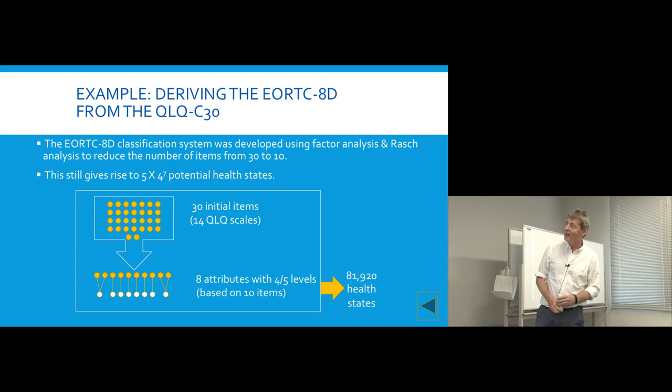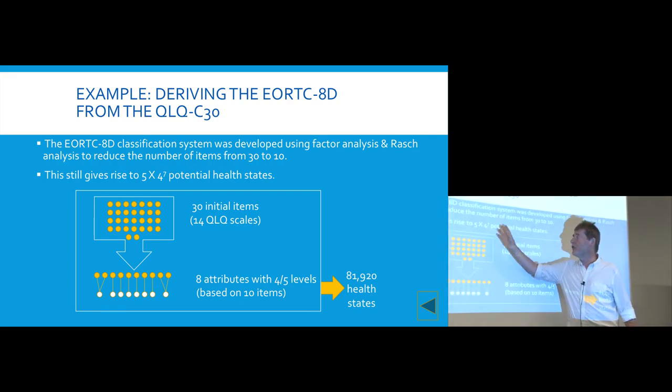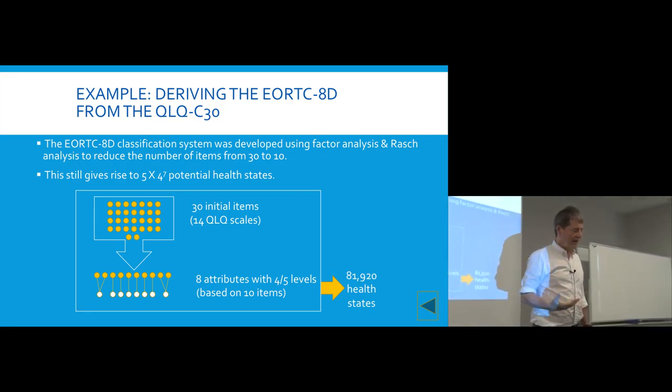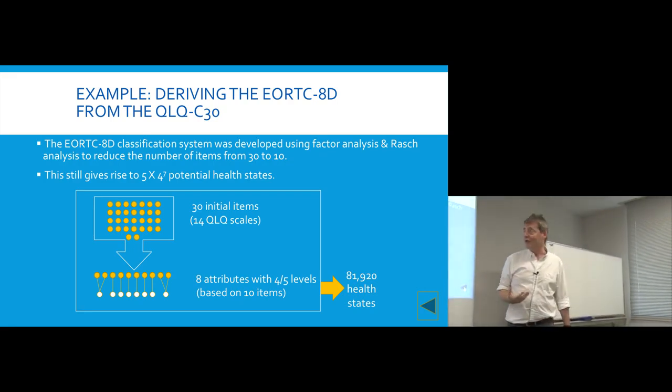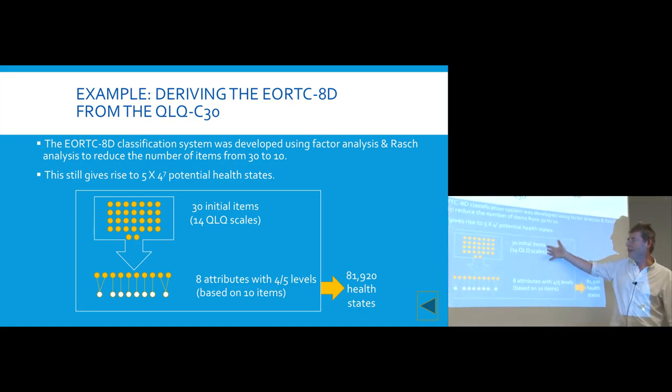They developed an 8-dimensional measure. So what they did first of all was take the initial 30 items, which is too much information, too many potential combinations, etc., and reduce that down to 10 items.